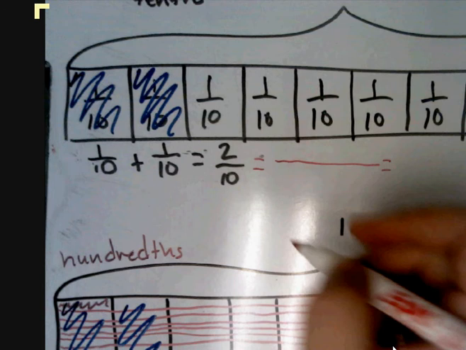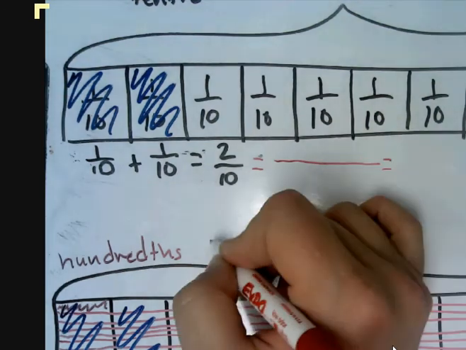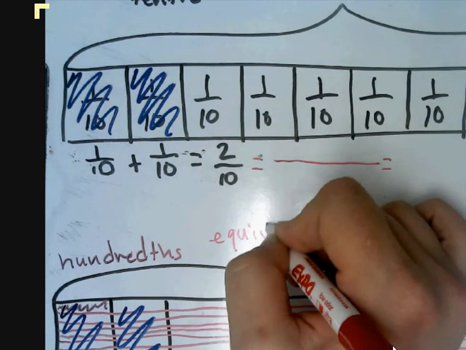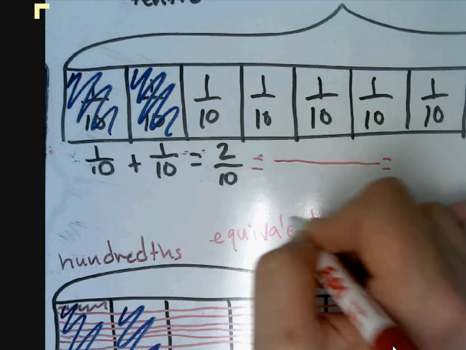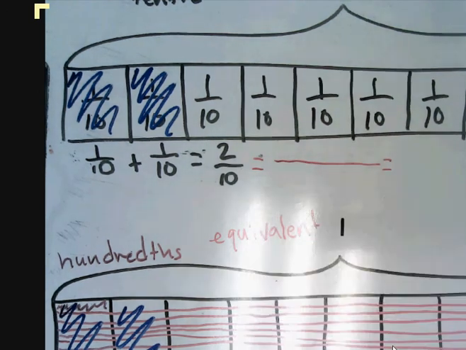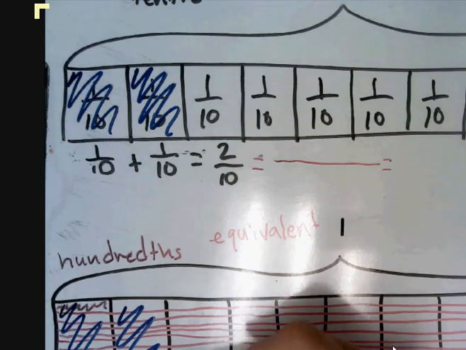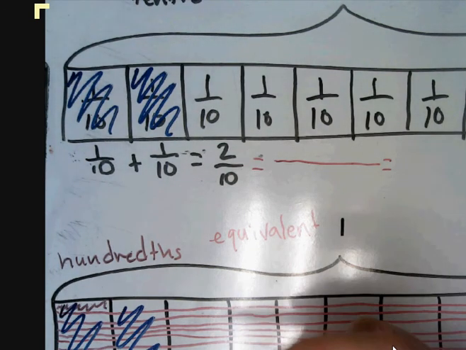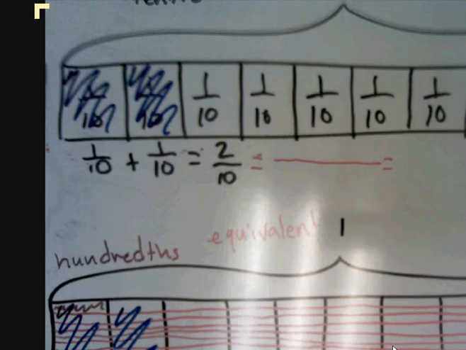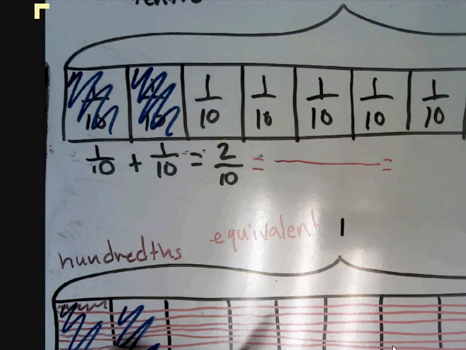We call this equivalent. This is what the word looks like, equivalent. You can see that it kind of sounds like equal. Okay, so if I change this 2/10 to represent as hundredths instead of tenths, well, I have 10 in each.